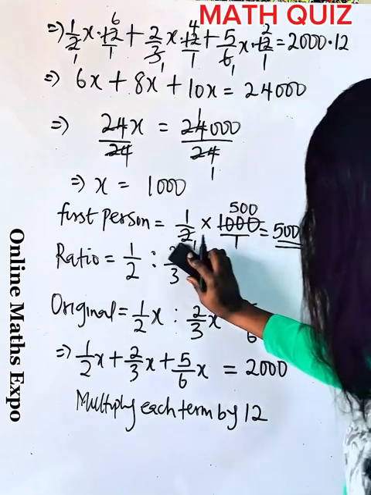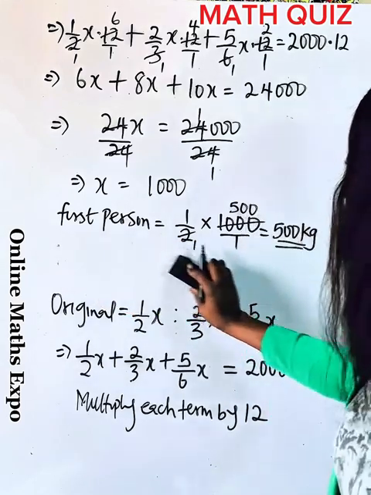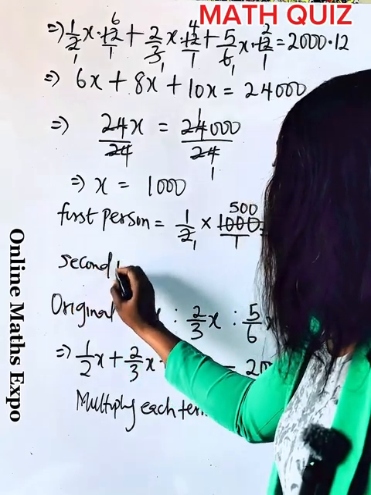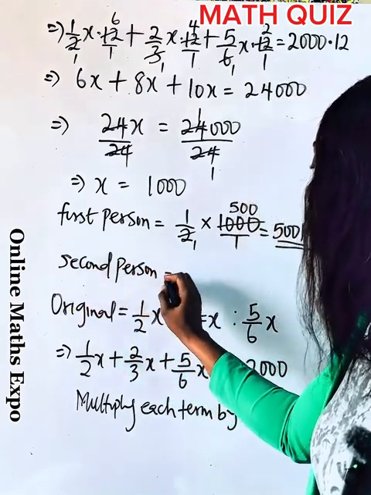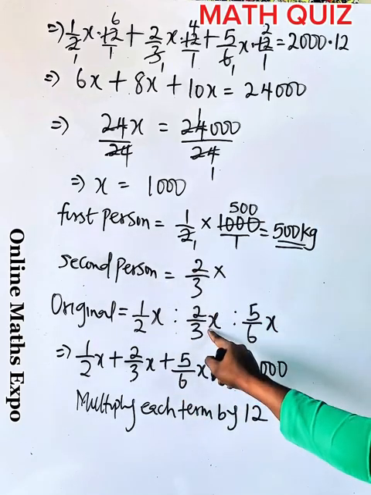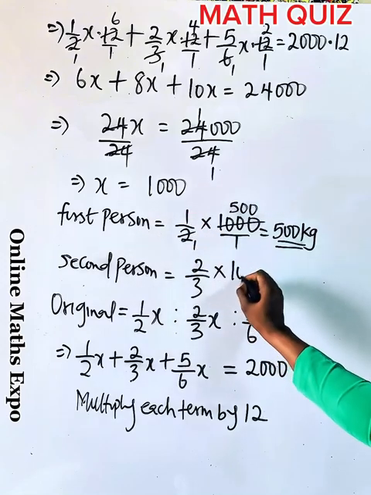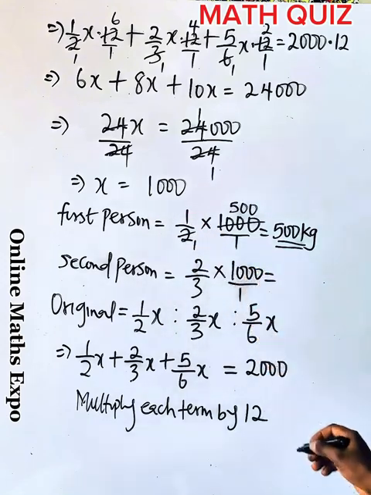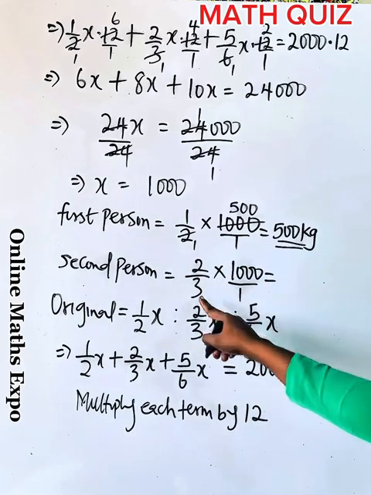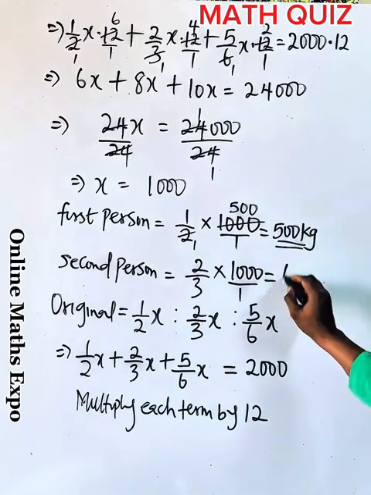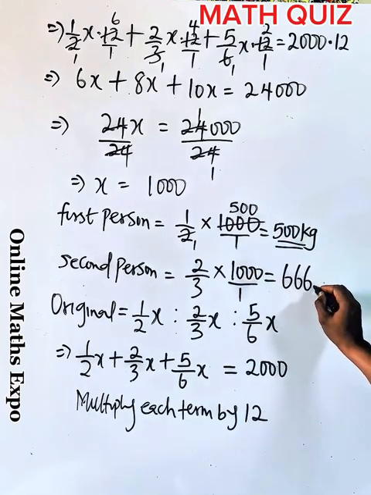Then for the second person, we have 2/3 multiplied by x. Our x is 1,000 over 1. Multiplying this gives us 2,000 divided by 3, which gives us 666.7.